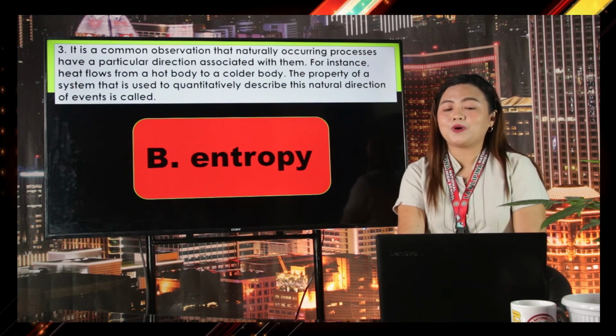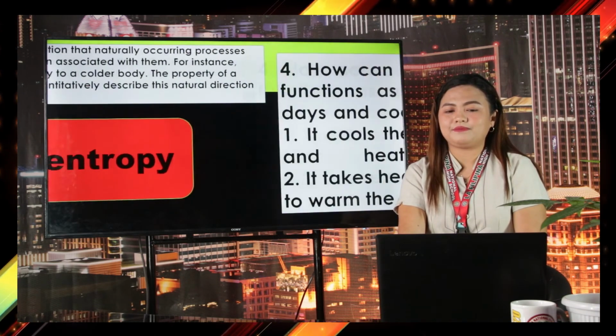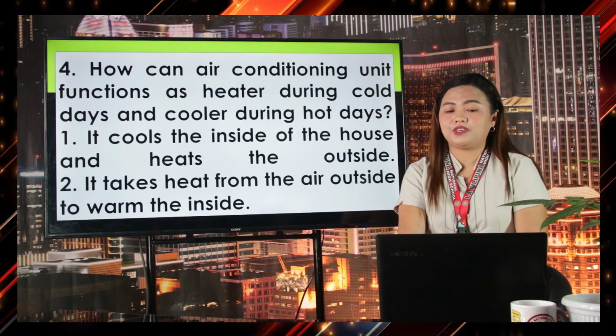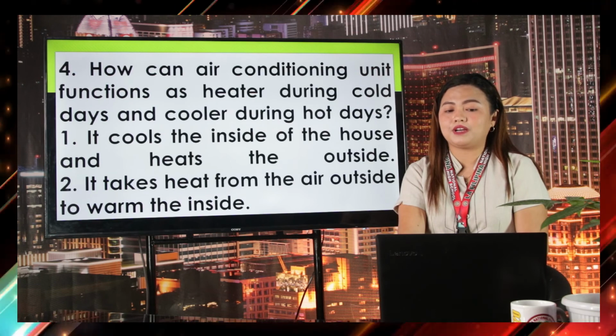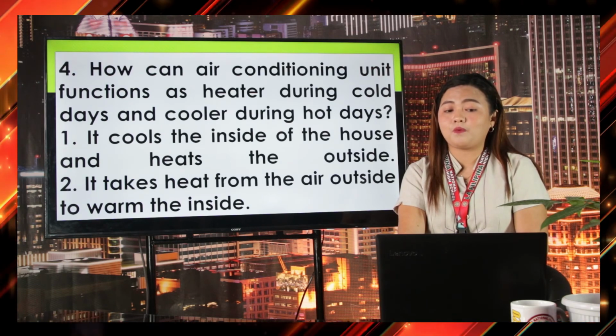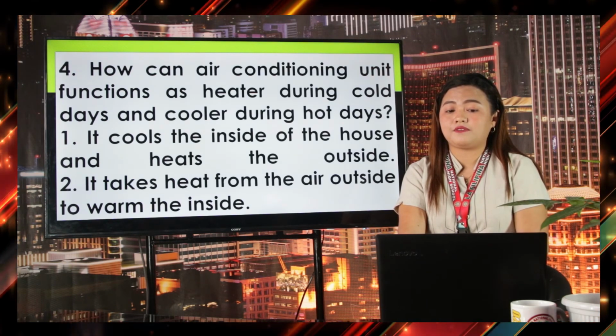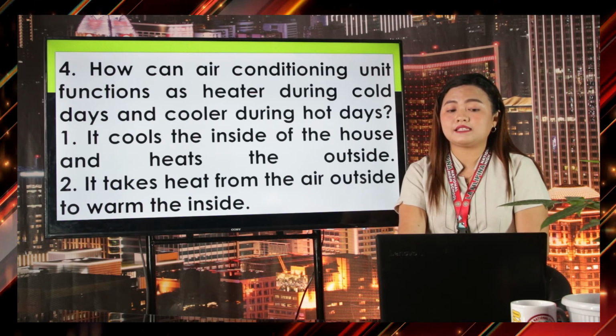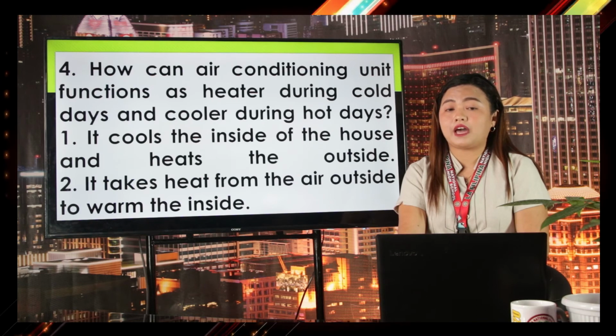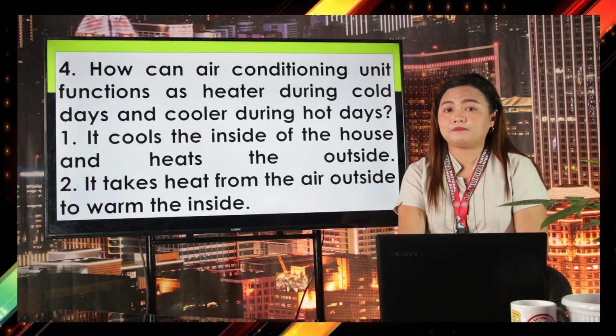Entropy. Question number 4. How can an air conditioning unit function as a heater during cold days and a cooler during hot days? 1. It cools the inside of the house and heats the outside. 2. It takes heat from air outside to warm the inside.